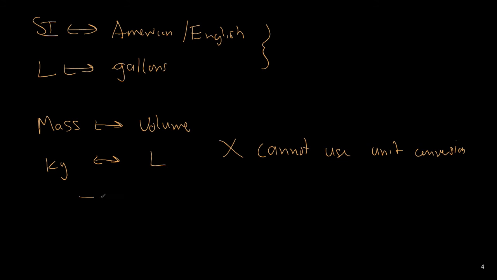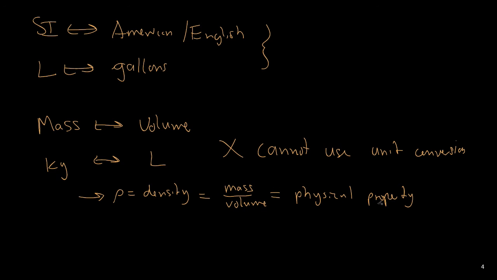In this case, we would have to use density, which is equal to the mass per volume, and this is a physical property. One of the most commonly used things to translate between different properties, not really a conversion factor, is what we call an equation of state.